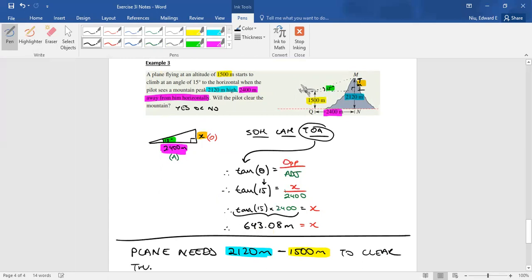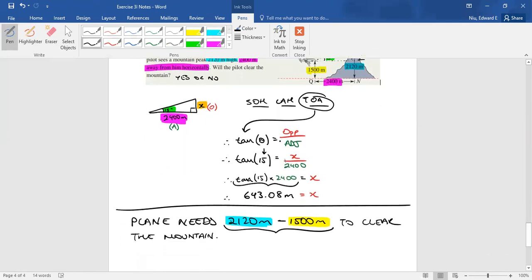Basically the pilot needs to fly at least 2,120 take away 1,500, which is 620 meters. So the pilot needs to clear at least 620 meters to pass over the mountain unharmed.